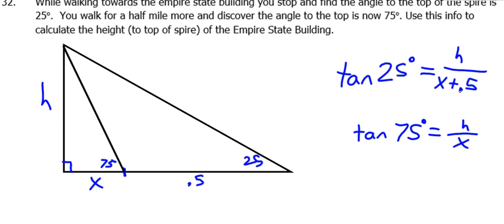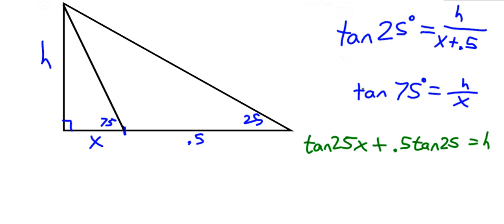So multiply by x plus 0.5 times tangent 25 equals h. And for the second equation, multiply by x. That also equals h.